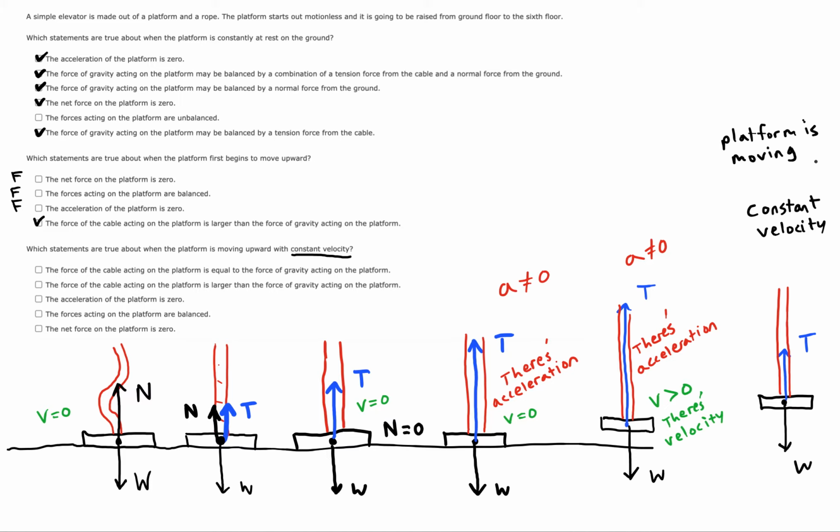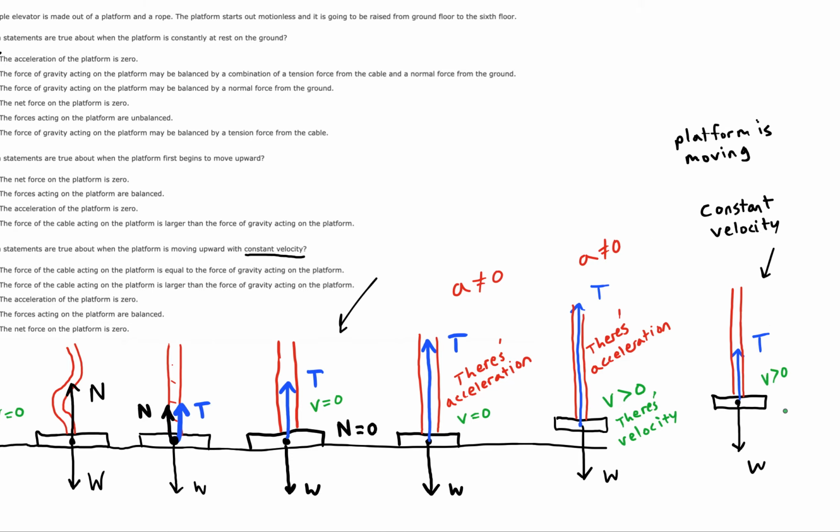And what's weird is that this diagram matches this diagram. They're the same diagram, but in one case it's not moving, but in the other case it is. So here, there's velocity. And this shows that the meaning of translational equilibrium doesn't mean you're not moving.